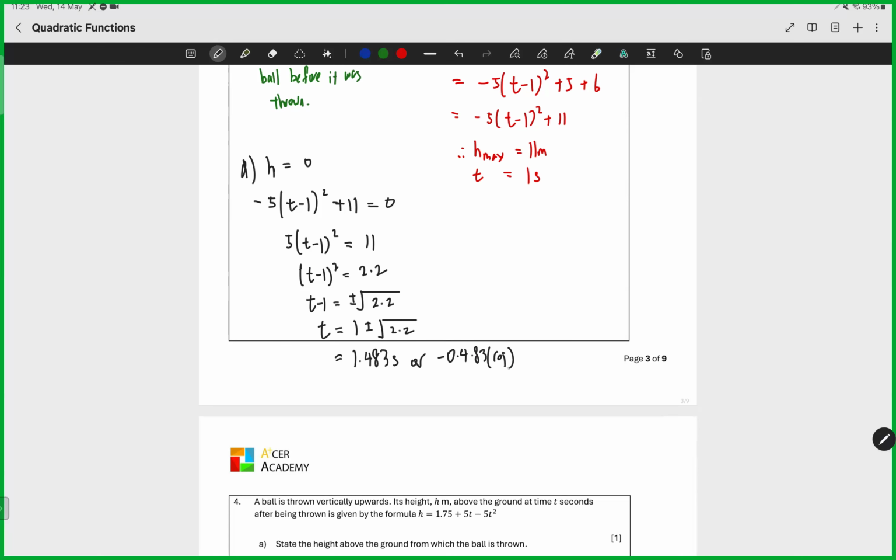So this is rejected because time cannot be negative. So remember to round off to 3 s.f. Okay, that's all.